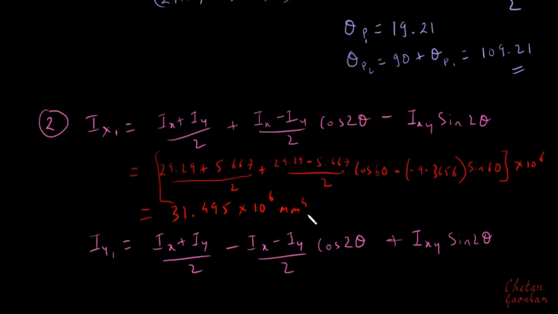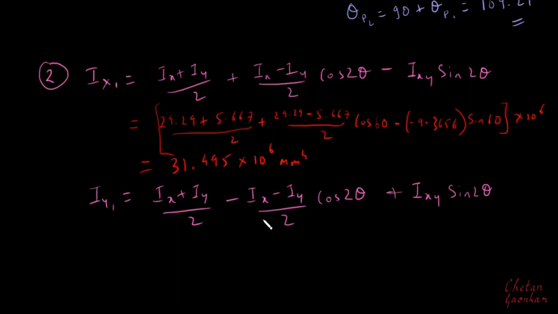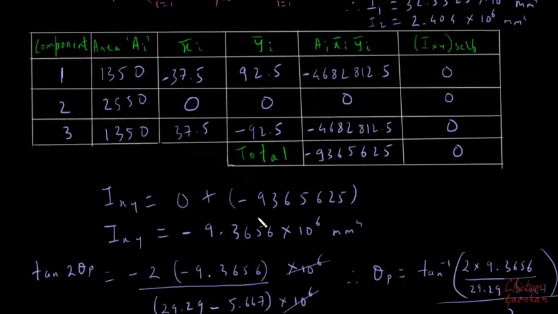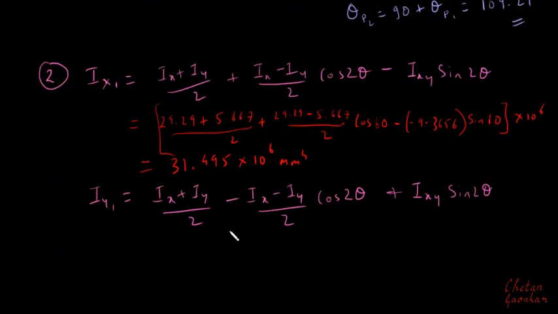And then if I want to find Iy1, the moment of inertia about the new axis y1, we know this is our formula which was derived in the last session. If I substitute these values, basically all the values remain the same. Only here in place of plus it will become minus, and in place of minus it will become plus, but the value of Ixy is negative, so it will become minus here because of Ixy.